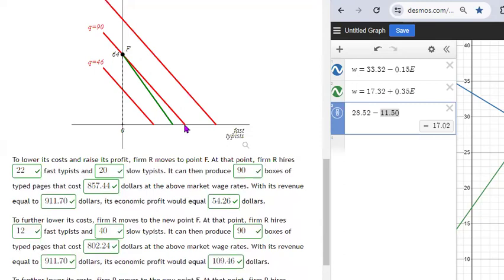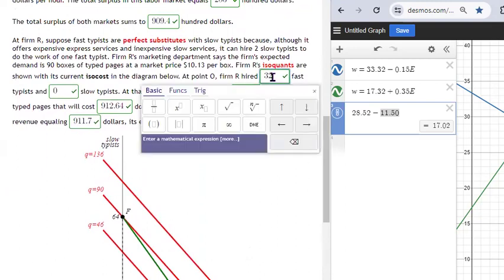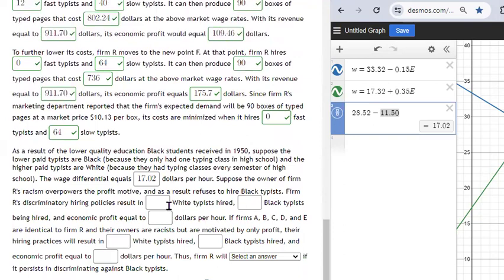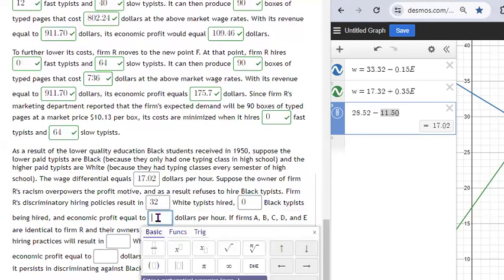So that goes back to the original solution. This firm hired 32 fast typists and 0 slow typists. So due to differences in skill attainment via education, 32 white typists are hired, 0 Black typists are hired, and the economic profit is equal to what?